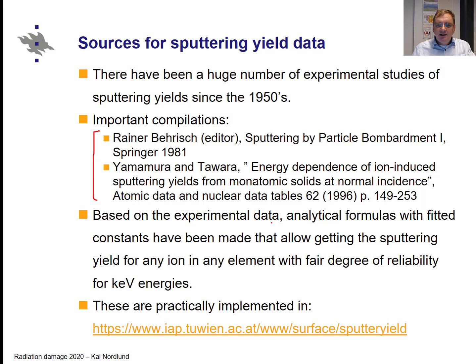Based on this data and some theoretical considerations, people have been fitting analytical formulas which allow getting the sputtering yield for any ion in any element with a fairly good degree of reliability, maybe 10 or 20% uncertainty in many cases.